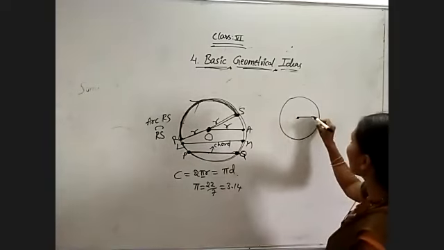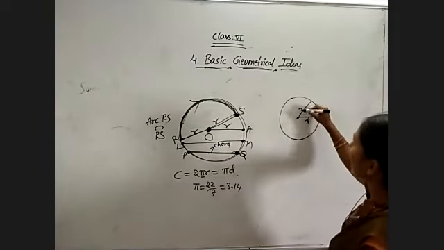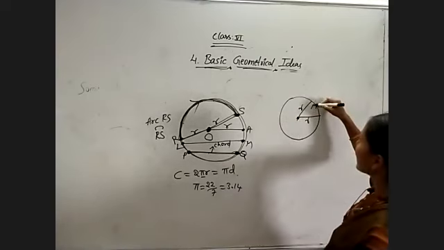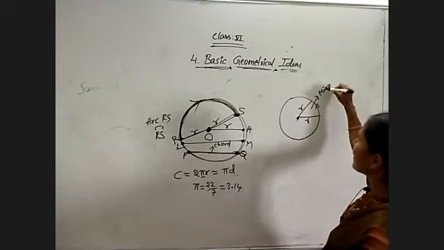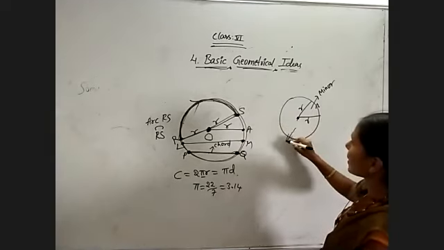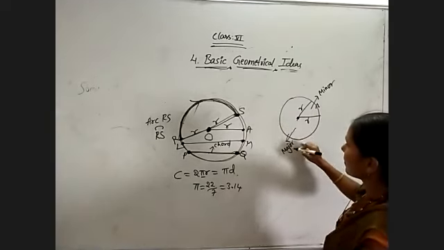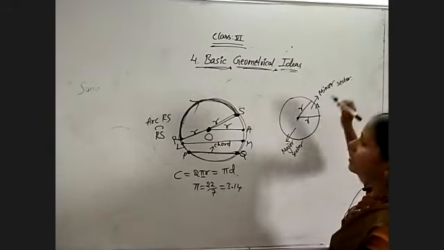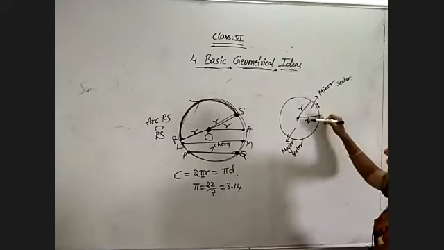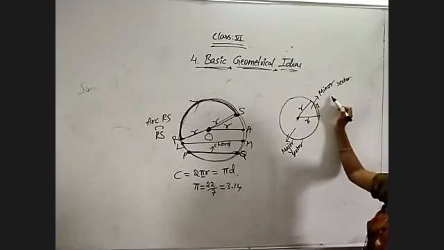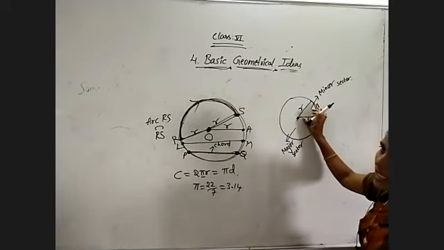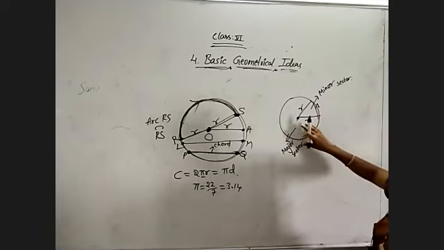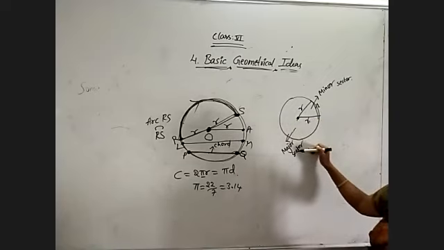The place bounded by two radii and an arc is known as a sector, and here is a minor sector and a major sector. The place bounded by two radii and an arc is known as a sector. If it has a small amount of space, it is known as a minor sector. More than half, that is a major sector.